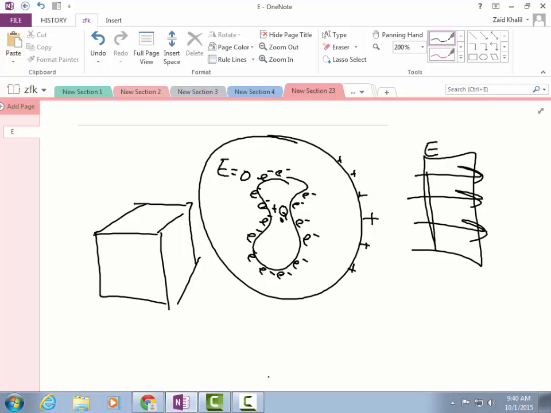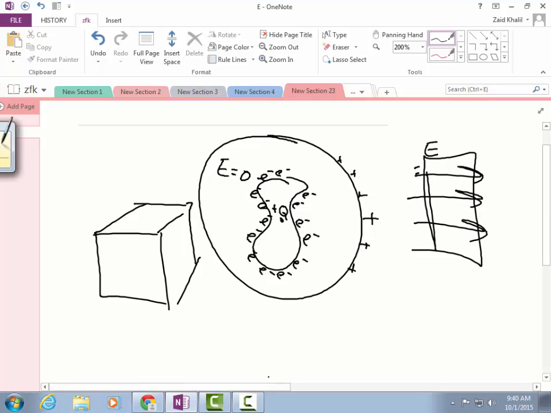The electrons move. Why? Because they have much less mass, so their acceleration is going to be 1,800 times that of whatever the ion is. So what's going to end up happening?